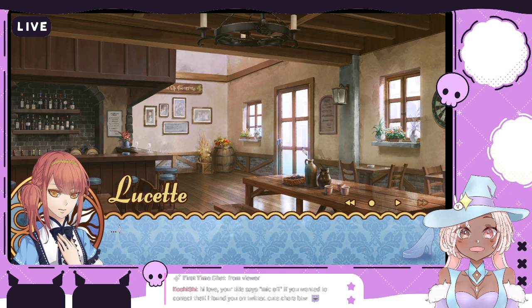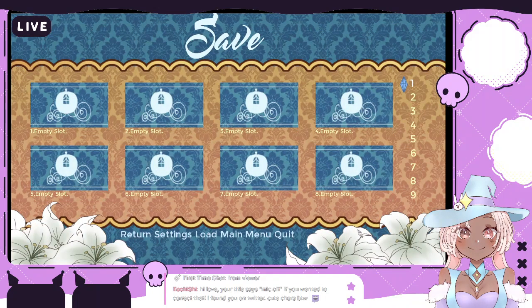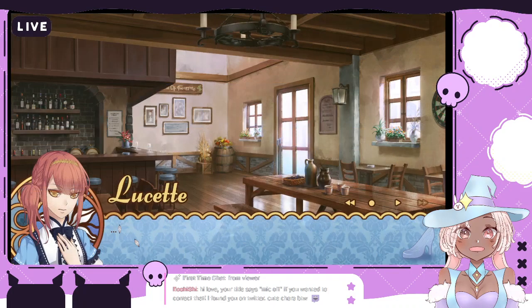But like, how do you save? Because all I see right here is the back button, the auto button, and the log button. Oh, the menu. Return settings, load main menu, quit. There we go. I saved it. I didn't even know that was right there. Okay. So when I want to save, I just go here.